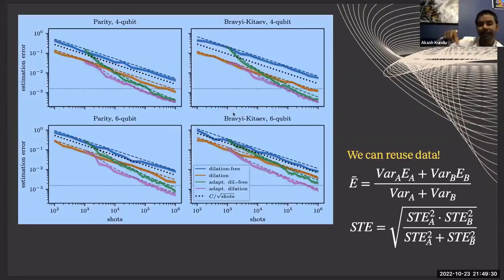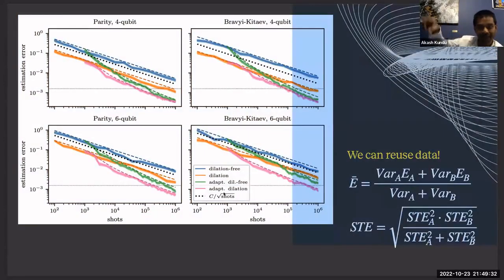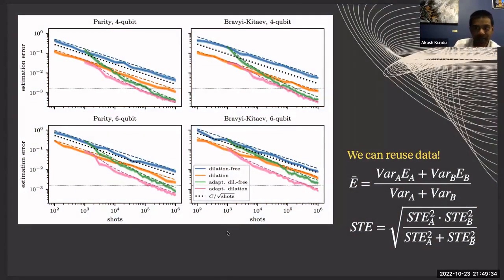Because previously you had this constant, which is O(2 to the power n), the dimension, exponential. But maybe right now you have something like 2 to the power of something else, x, which is less than n. Could be. The thing is, we didn't study how this constant scales with the number of qubits.